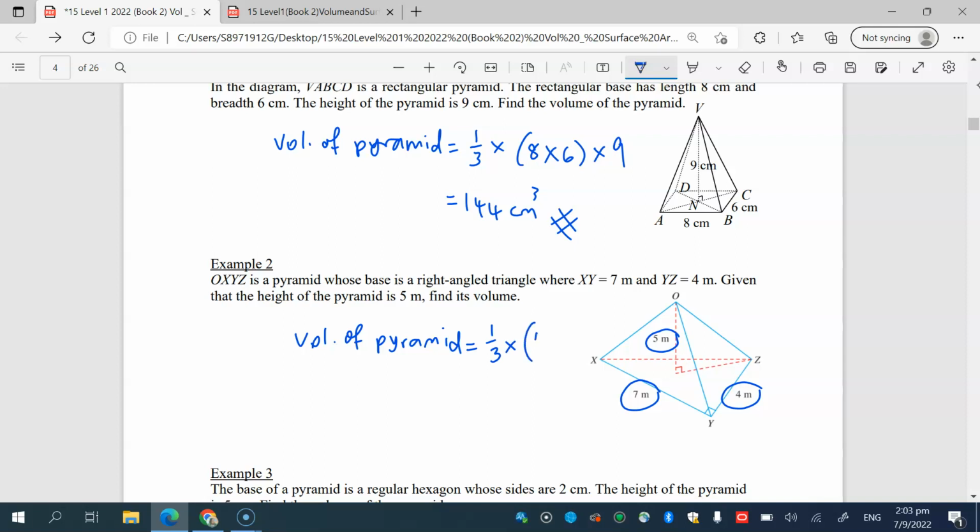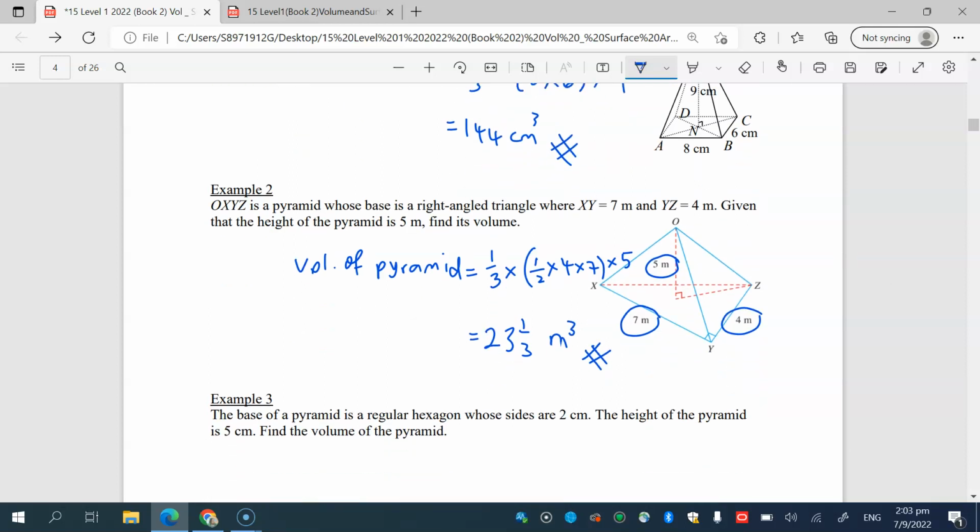So it's half times base times height. So half times 4 times 7. And then multiply by the height. Okay, so press calculator. You will get 23 and 1/3. When your answer is a fraction, leave it as a fraction. And all the units are meters, so this is meter cube. 23 1/3 meter cube. Very good.